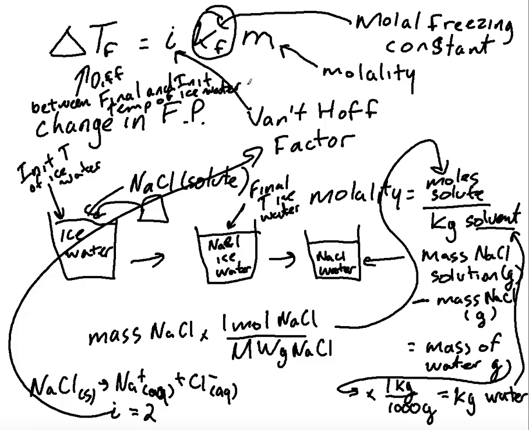So you make it so that the delta Tf comes out to be positive. And if you make that positive, then when you try and sort out the Kf value, you'll be able to have that come out as a positive value as well.